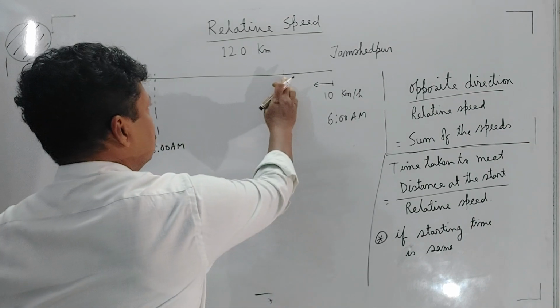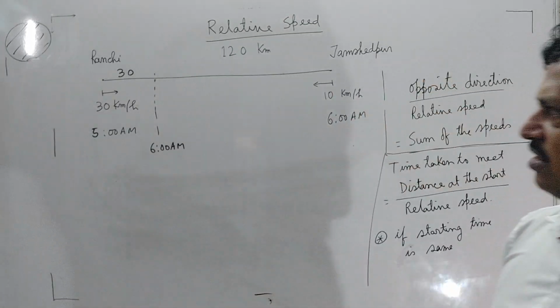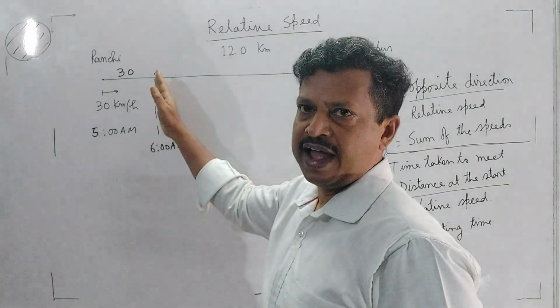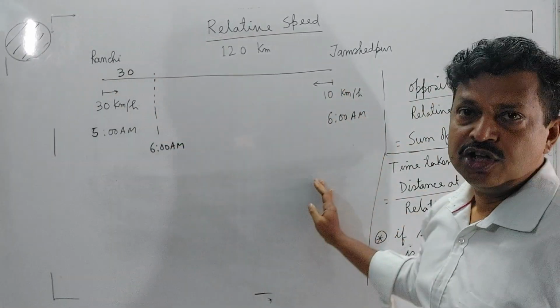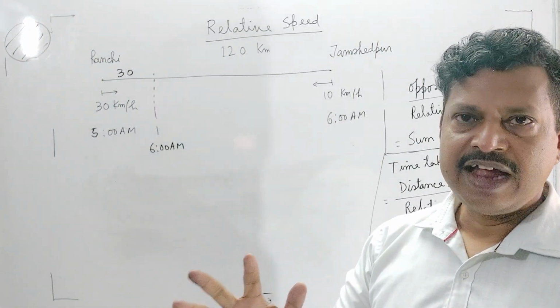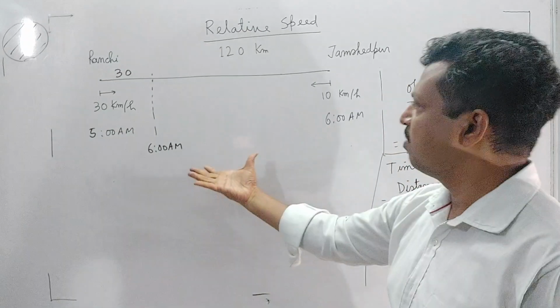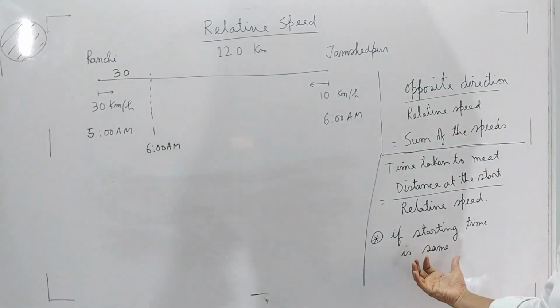Fine. Can you see the situation now? This car at 6 a.m. will be here, 30 kilometers ahead, and this car is starting. At this moment I can say that the starting time is same for both, so from 6 a.m. I can use this formula.